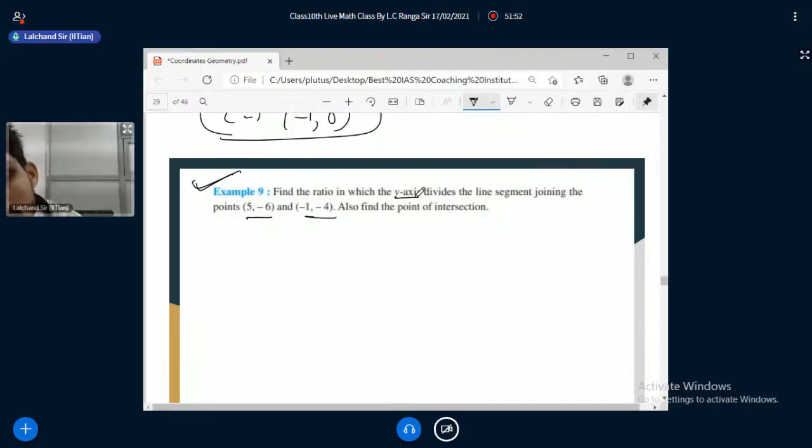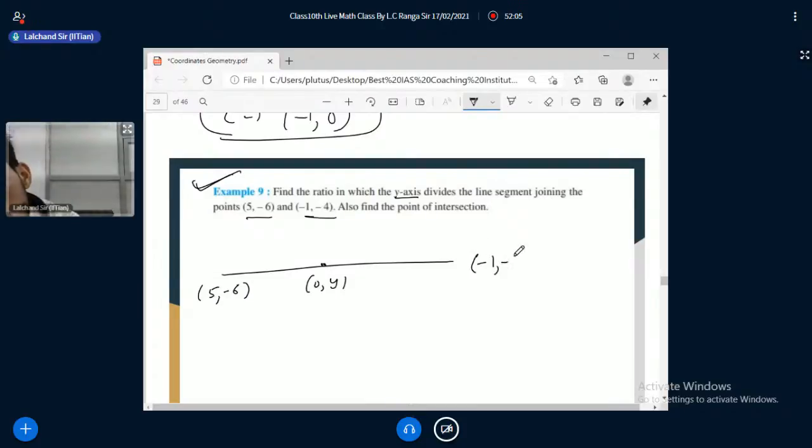Let us assume a general point on y-axis. So general point on y-axis will be 0 comma y. If y-axis is dividing these 2 points, then this is 5 comma minus 6, and this is minus 1 comma 4. And assume the ratio will be k ratio 1.